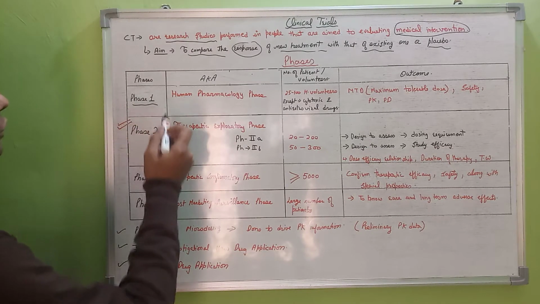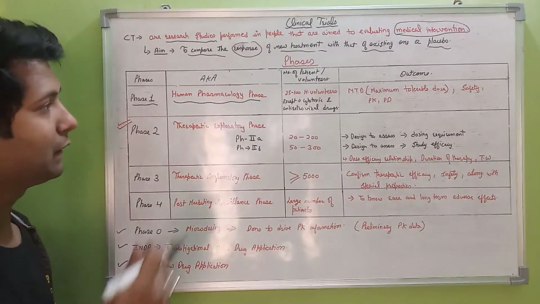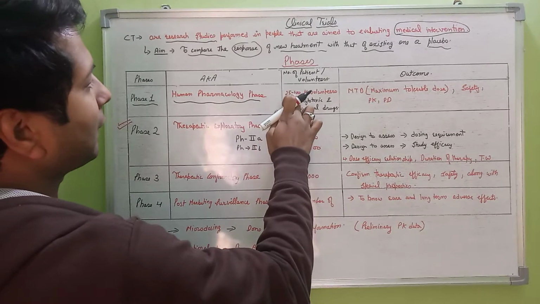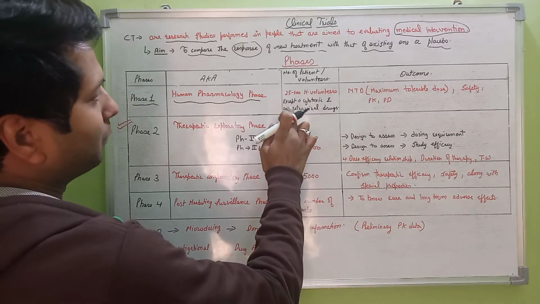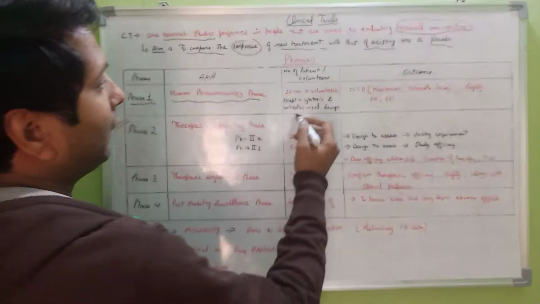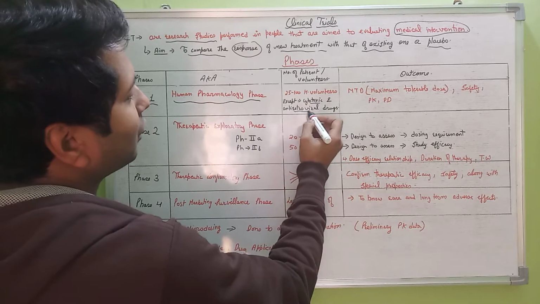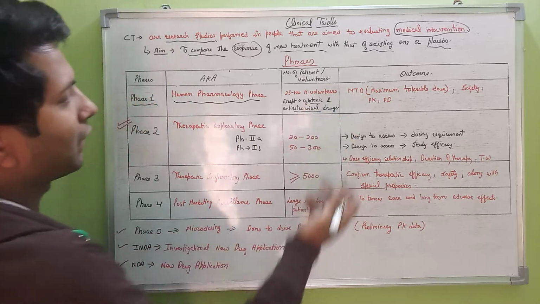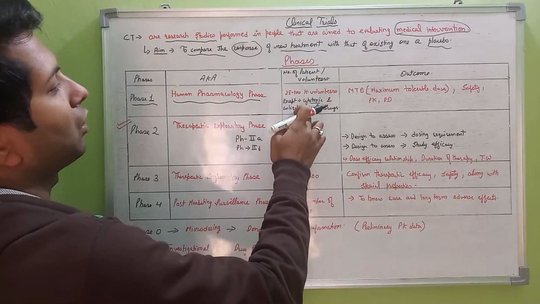Phase 1 is known as the human pharmacology phase. In this phase we take 25 to 100 healthy volunteers, but there is one exception. If we evaluate cytotoxic or antiretroviral drugs, here we take patients, not healthy volunteers.